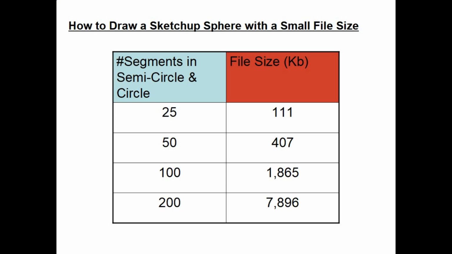As that number increases up to 200 segments in each of those, wow, you get almost 8 megabytes, or 7,896 kilobytes. It took my computer about 15 minutes when I did the follow me command to generate that sphere. So this illustrates what a huge impact the number of segments has when you make your sphere.